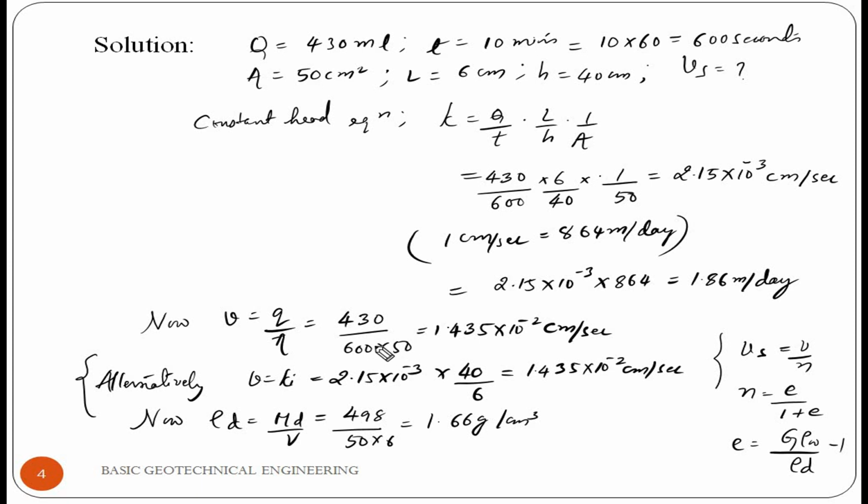So now this value can be used in the equation here. e is equal to G into rho w divided by rho d minus 1, where rho w can be taken as 1. So the equation for e is equal to 2.65 into 1 divided by 1.66 minus 1.